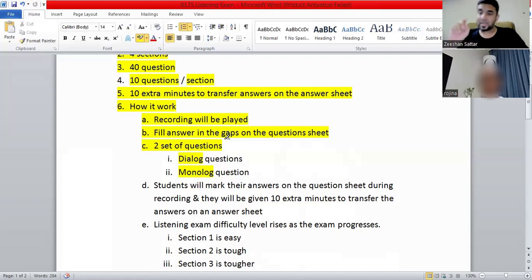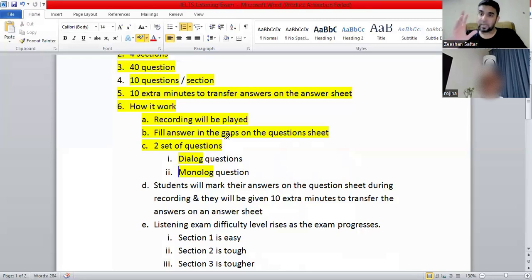Most probably, section 4 of every exam appears in monologue, meaning the single voice. But again, that depends upon the will and wish of the examiner. If the examiner wishes to give dialogue in every question, he can. If the examiner wants to give monologue in every question, he can. Nobody can stop him, because the Cambridge examiner is known as the master of his own will.